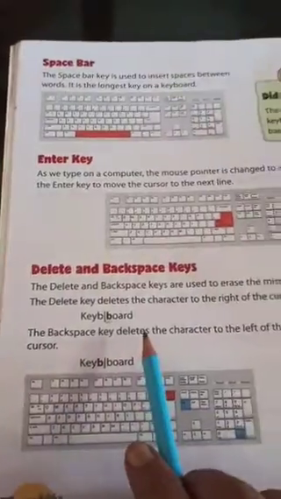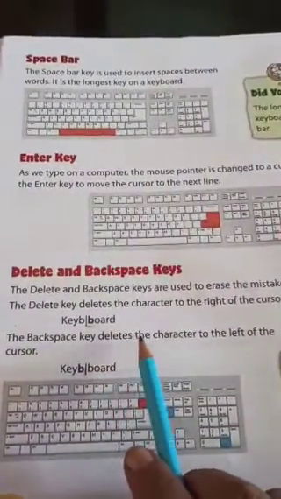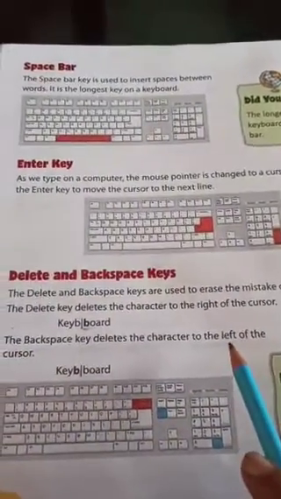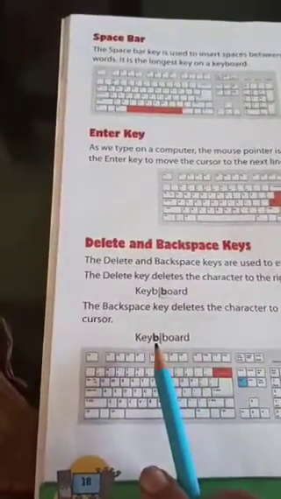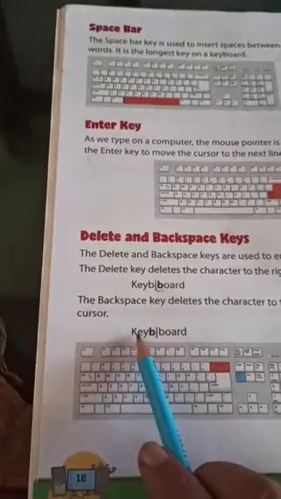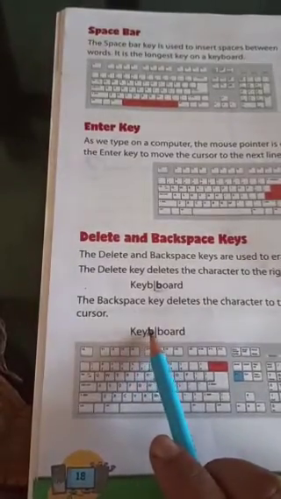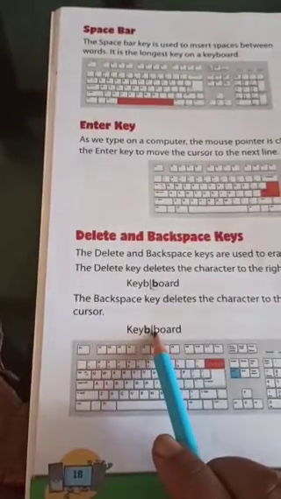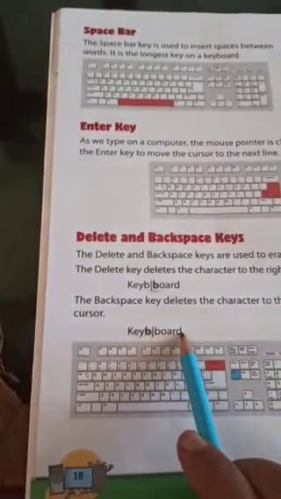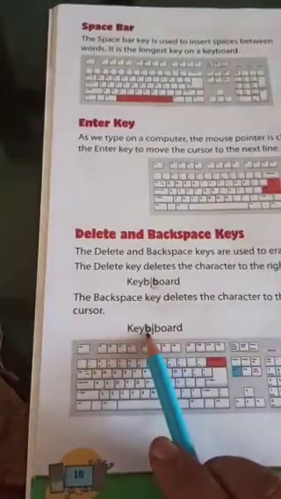Next we have the backspace key. The backspace key deletes the character to the left of the cursor. Here is another example of the backspace key. Here is the spelling of keyboard. Here we also have written a double B. What is the right spelling of keyboard?